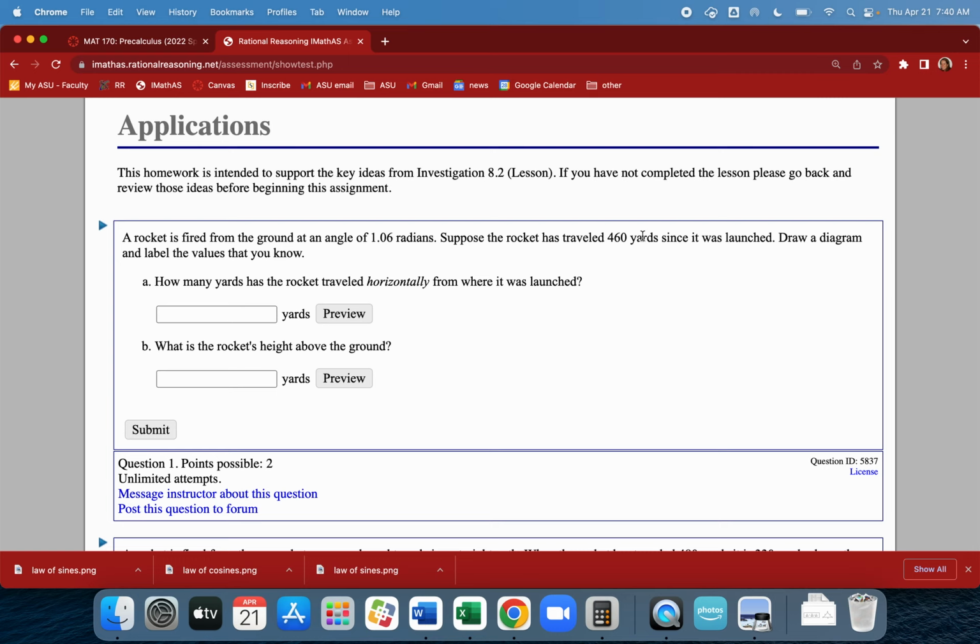So in any case, if I wanted to think about this just in terms of a triangle and I'm trying to find x, this is adjacent and that's hypotenuse, and I think cosine's adjacent over hypotenuse. So cosine of 1.06 is this adjacent side over the hypotenuse.